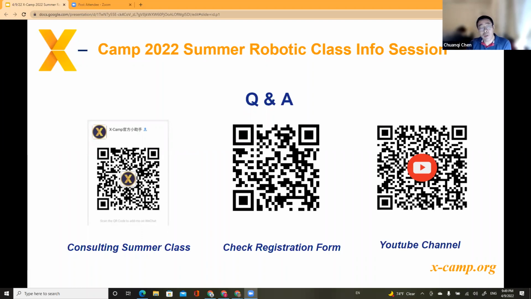We will have detailed instructions to tell the kids how to install Ubuntu and how to install ROS, and then in the lab session we can help the students if you run into any issue. We make sure you have your own simulation environment. I hope that answered your question. If not, please feel free to unmute yourself and ask follow-up questions.